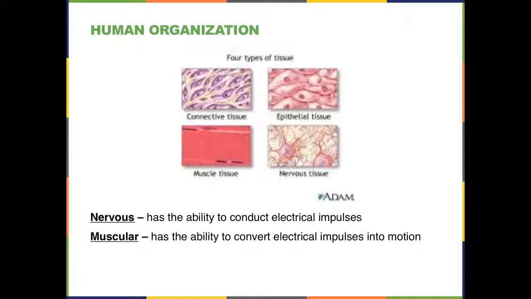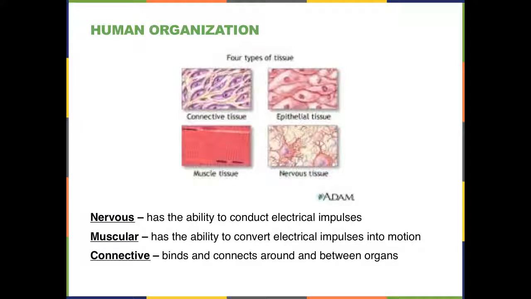The muscular tissue, shown on the lower left, is responsible for converting electrical impulses into motion. So the muscle is capable of a similar conduction of electrical impulses, but not only does it conduct electrical impulses, but it also is able to convert those electrical impulses into mechanical energy, which is used to move the body.